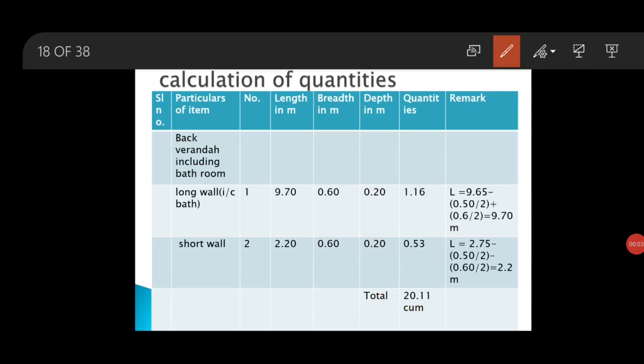So, now we will go for the fourth part, that is back veranda.